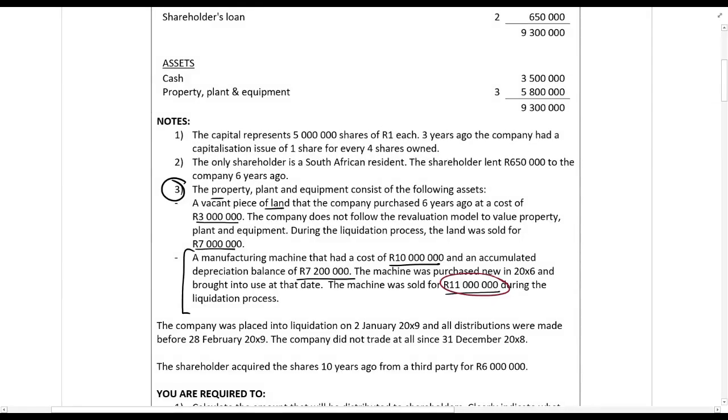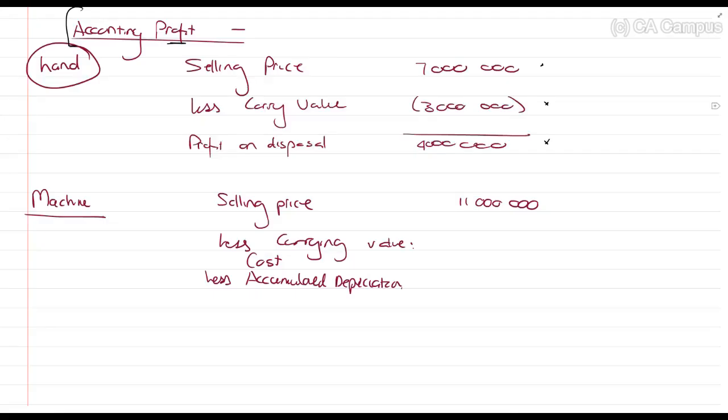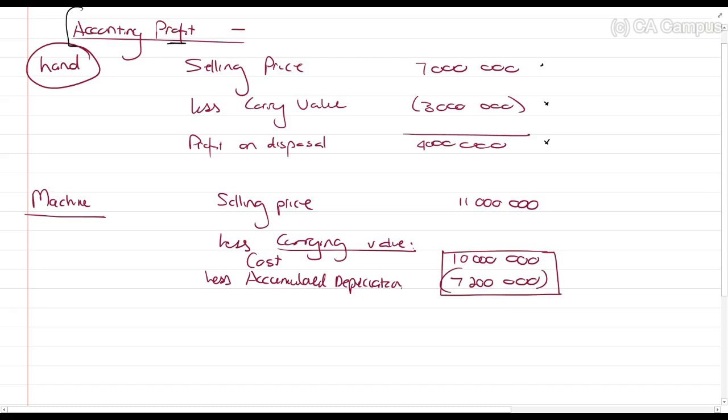They tell you it was purchased for 10 million and had accumulated depreciation of 7.2 million. So 10 million is the cost, less accumulated depreciation of 7.2 million. That gives us a carrying value of 2.8 million rands. So 11 million minus 2.8 million gives us 8.2 million rands.